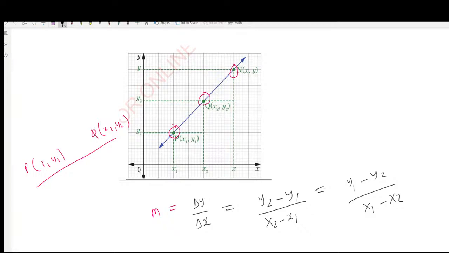So how now do you find the relationship between point P and N?